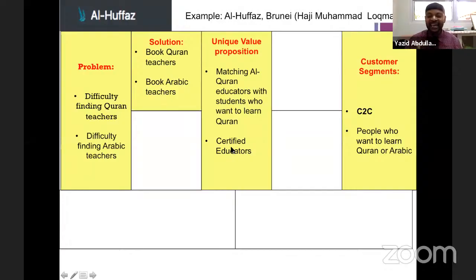They only allow certified Quran educators to register. So not anybody that says, I know how to teach Quran, they don't let you teach it. You have to have a certificate that shows you have quality. So this is a form of quality, okay? So that's another value proposition. So you can have more than one value proposition as a business.